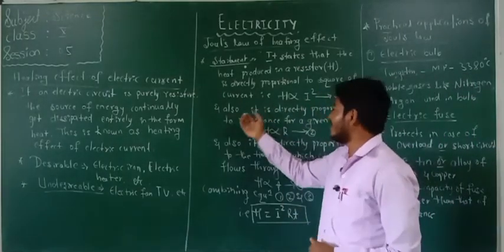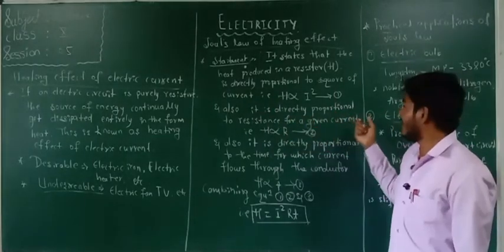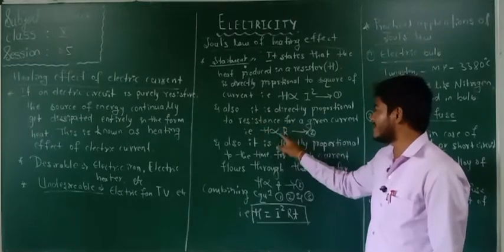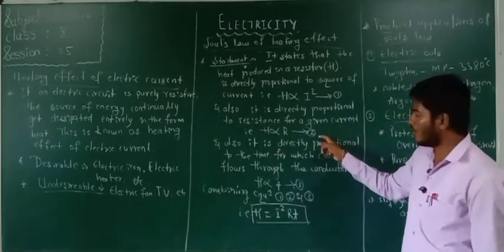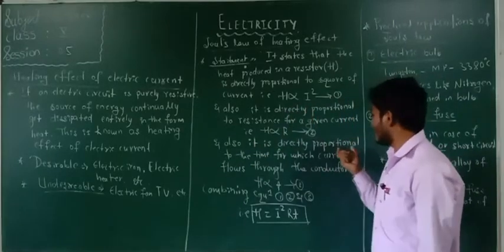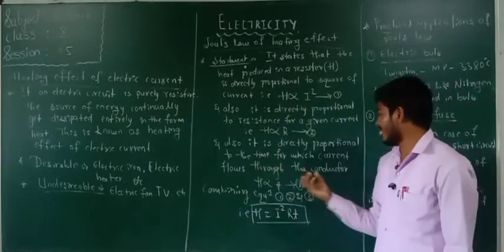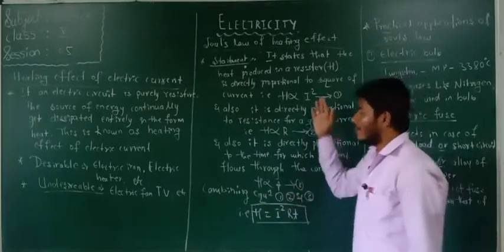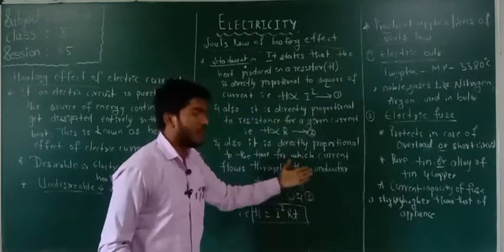And it is also directly proportional to the resistance for a given current, that is H is directly proportional to R, where R represents resistance. Take it as equation number 2. And it is also directly proportional to the time for which current flows through the conductor, that is H is directly proportional to t. Combining these three equations 1, 2 and 3, what do we get?